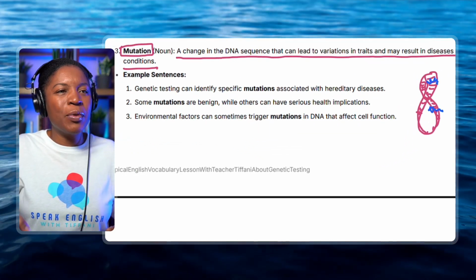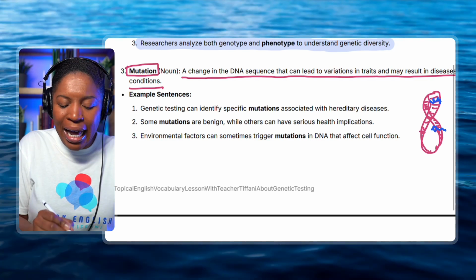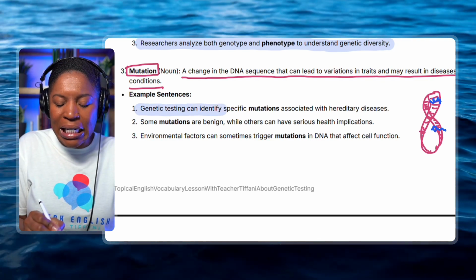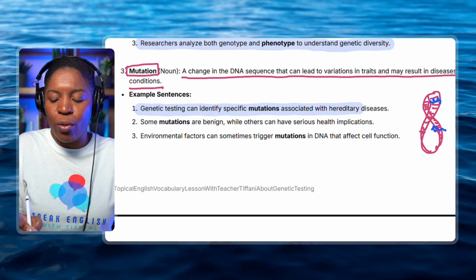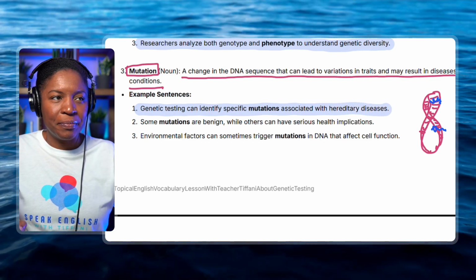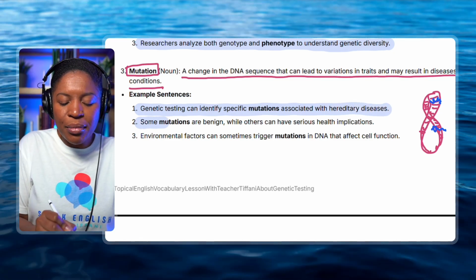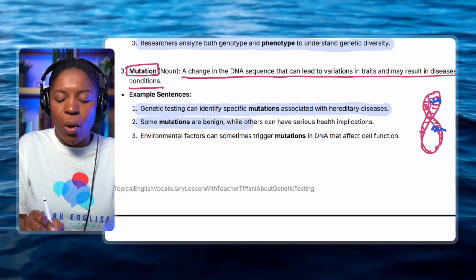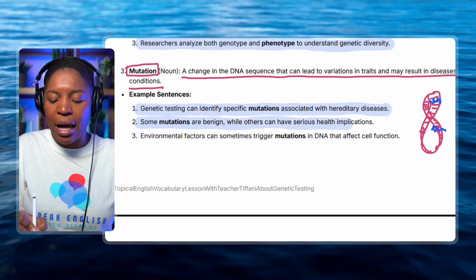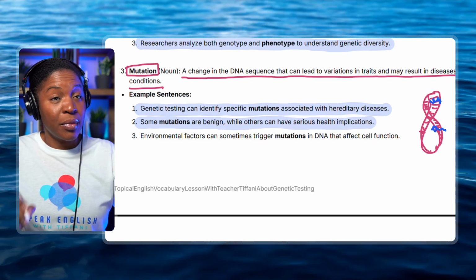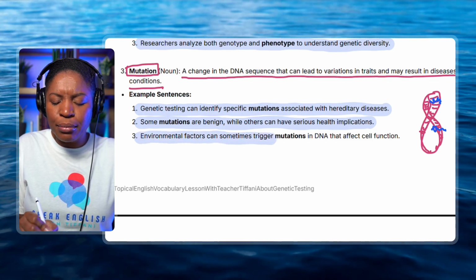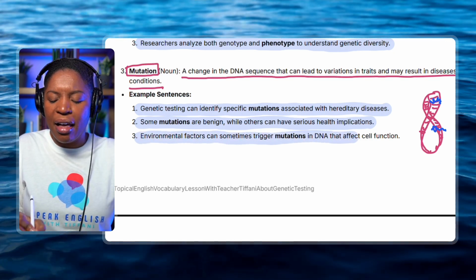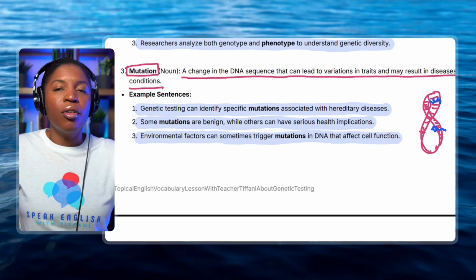Our first example sentence is, genetic testing can identify specific mutations associated with hereditary diseases. Next, some mutations are benign, while others can have serious health implications. And finally, environmental factors can sometimes trigger mutations in DNA that affect cell function.